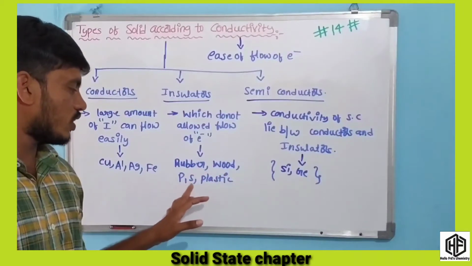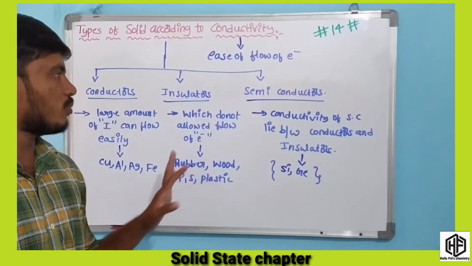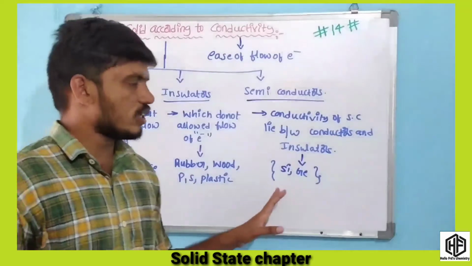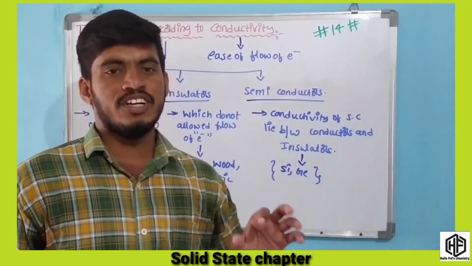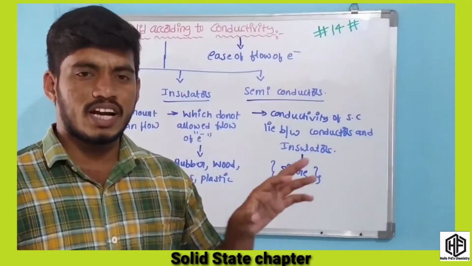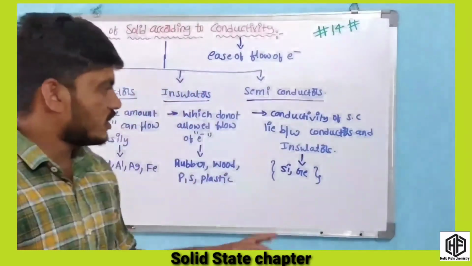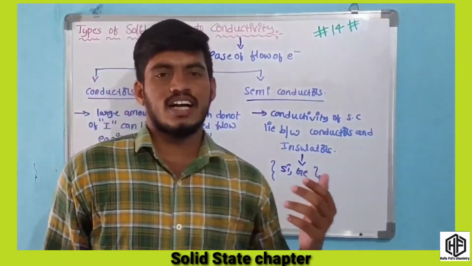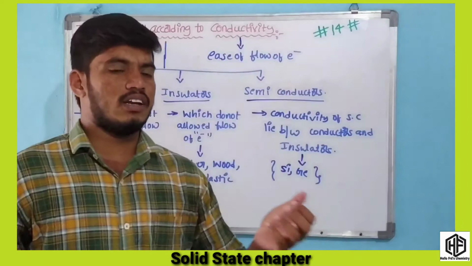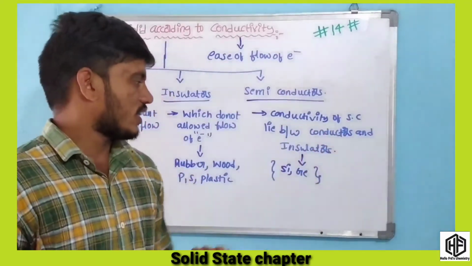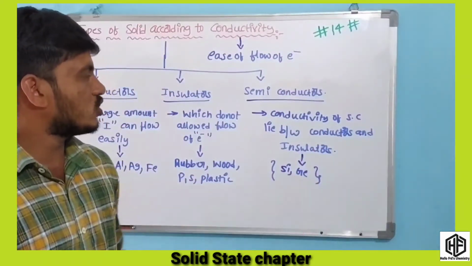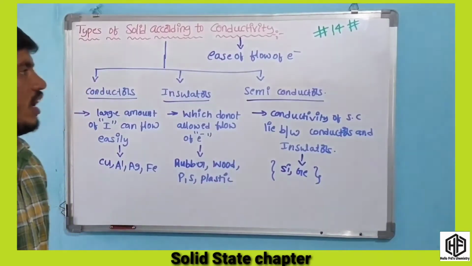Rubber, wood, phosphorus, sulfur and plastic are examples. The conductivity of a semiconductor lies between conductors and insulators, higher than an insulator and lower than a conductor. Silicon and germanium are examples of semiconductors.